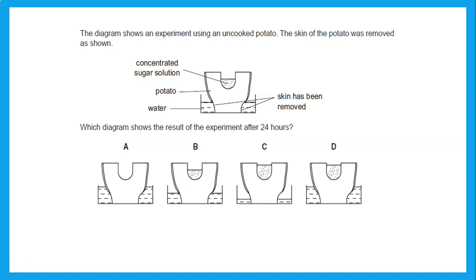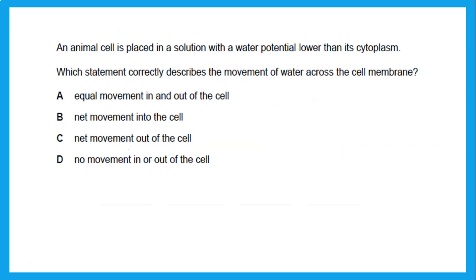Inside the potato, we have a concentrated sugar solution. So what will happen? The water will move from outside into the potato. So the water outside will become less and the solution inside the potato will become more. So my answer is C.